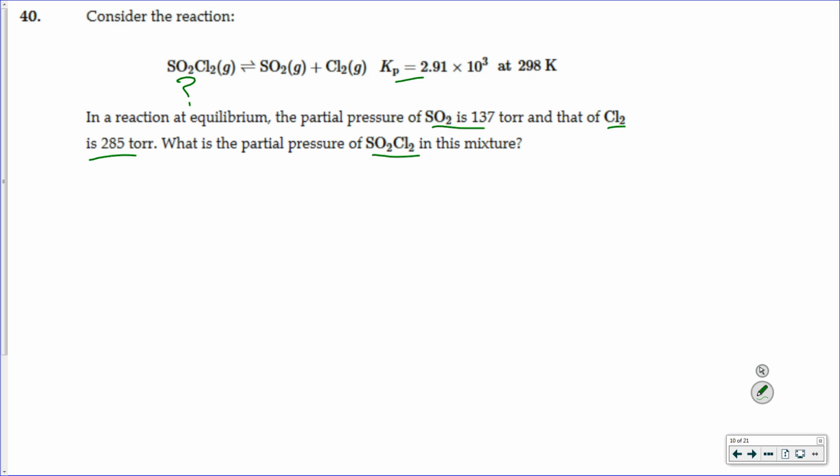The only issue is that when we solve partial pressures, we need the units of pressure to be in what? Atmospheres. So we've got to take these torrs and get them in atmospheres. 1 atmosphere is equal to 760 torr, and a torr is equivalent to a millimeter of mercury, so 760 millimeters of mercury. We need to take each one of these values in torrs and divide them by 760.